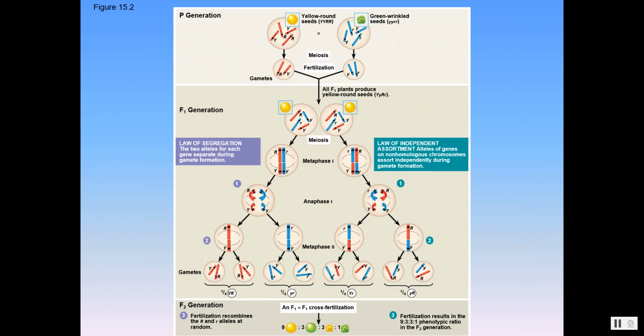Now, what we want to remember is that when we're talking about traits, traits come on chromosomes. So this is now giving yellow and green seeds as it passes through the generations and showing you the phenotypes when they come out at the bottom. It's sort of correlating meiosis with the genetics, so you can see what we're talking about.